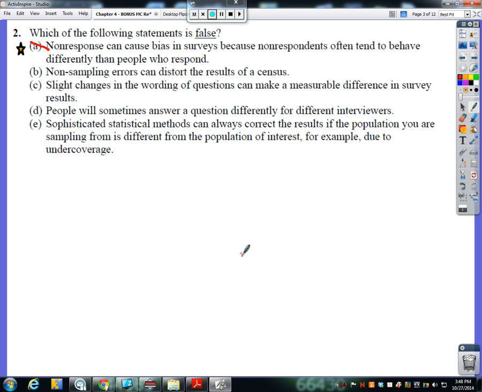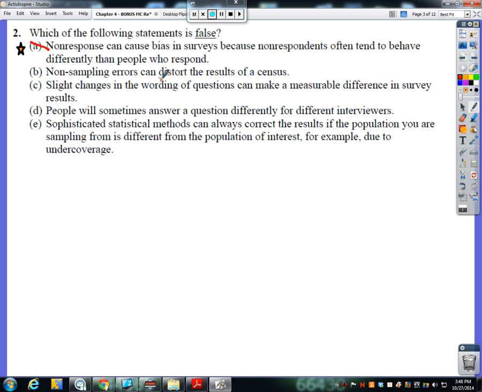B, non-sampling errors can distort the results of a census. And yeah, non-sampling errors are any type of error not related to the sampling process, which could include mistyping data into our calculator or computer for that matter.